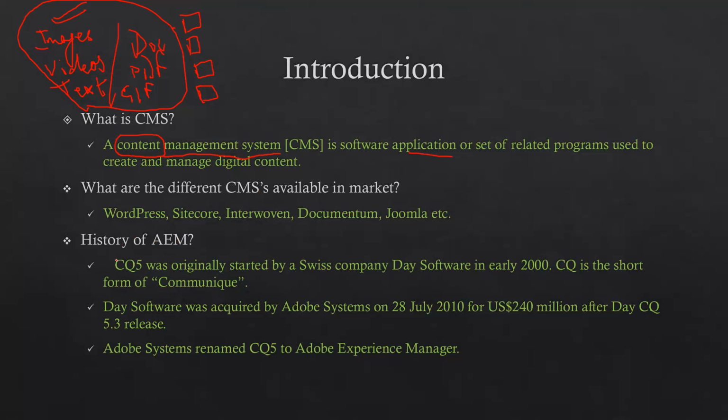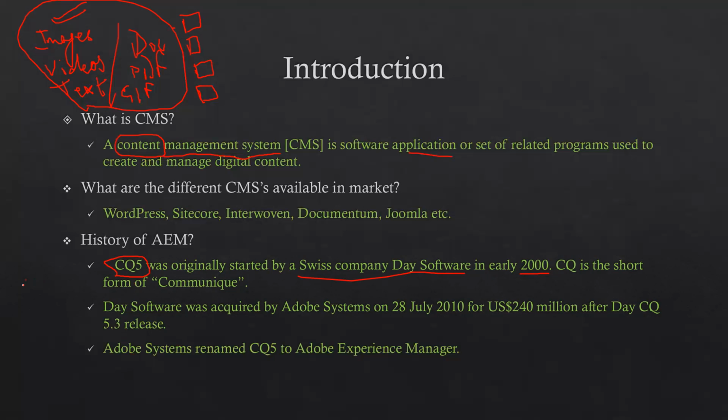And how AEM came into existence is that initially AEM was called CQ5. AEM CQ5 was initially launched in the year 2000. Then in 2010, Adobe acquired this company called Day Software. CQ5 was a product of Day Software, and they renamed CQ5 to AEM.